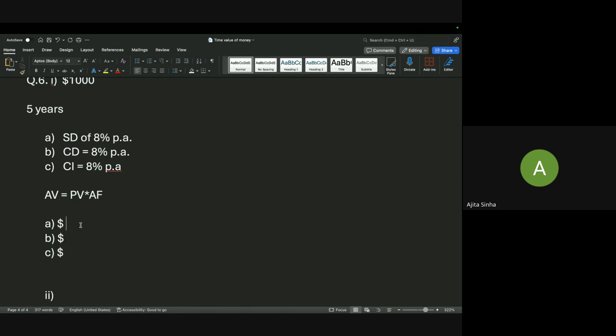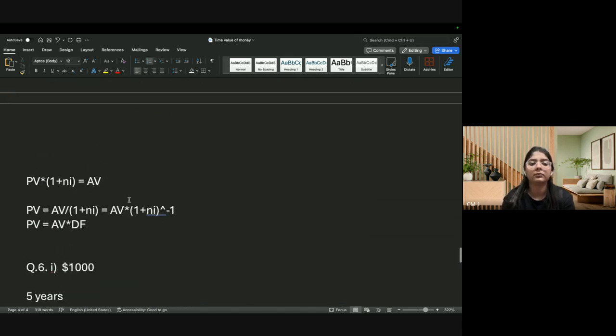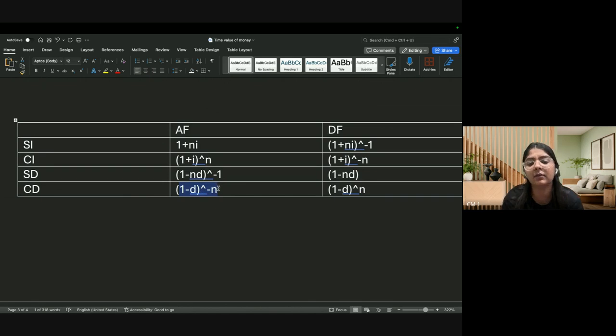It is 1666.67. Correct. This is correct. Similarly, when you have to use a compound rate of discount, the formula will be 1000 into bracket 1 minus discount rate raised to the power of minus n, the number of years.